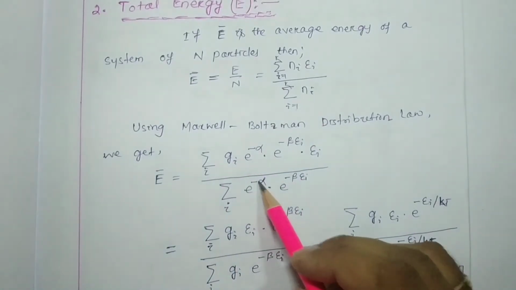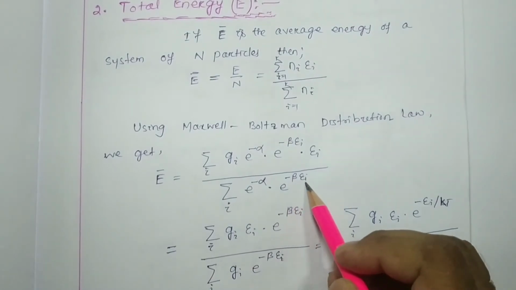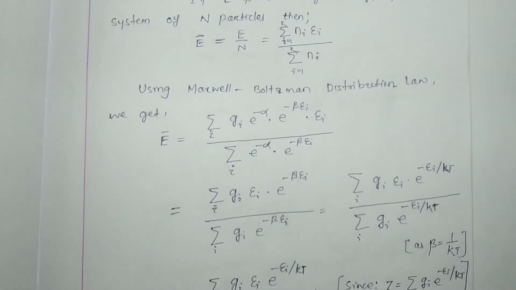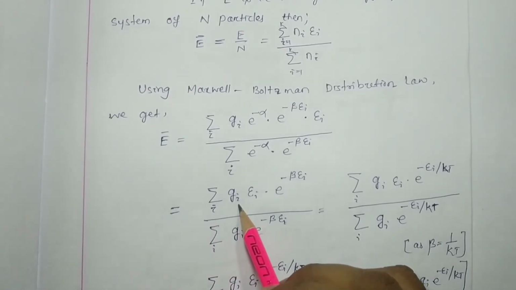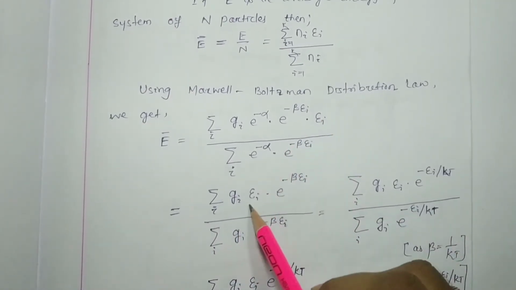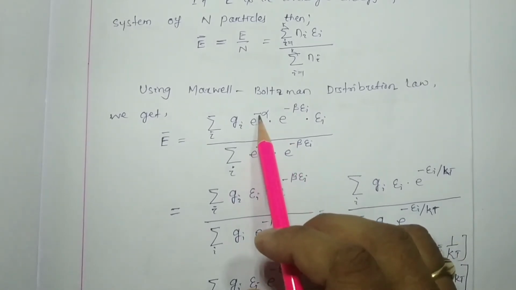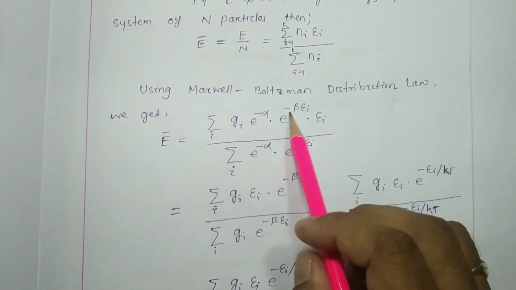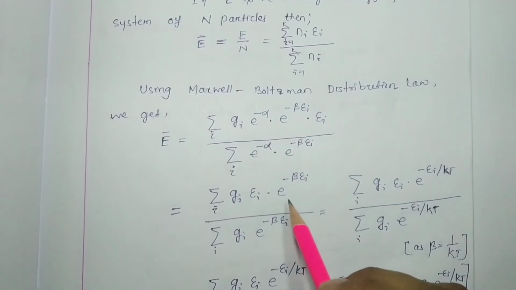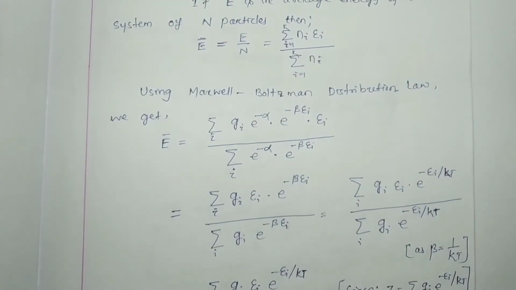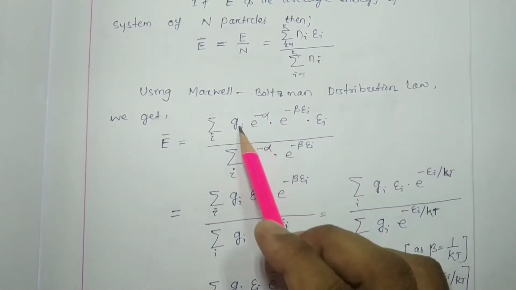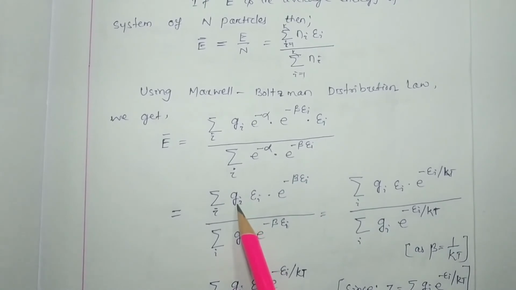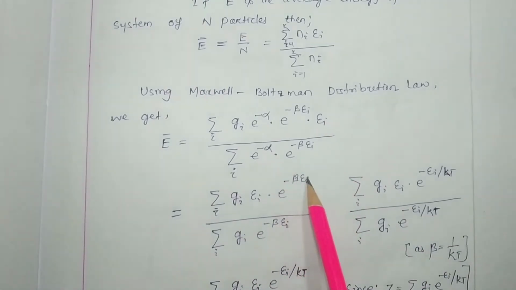So e to the minus alpha e to the minus beta epsilon i. Now the summation over i of Gi epsilon i e to the power minus alpha e to the power minus beta epsilon i. Here e to the minus alpha got cancelled, so the numerator terms are Gi epsilon i e to the minus beta epsilon i.